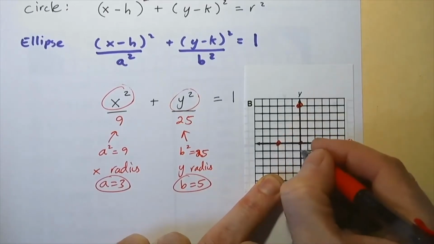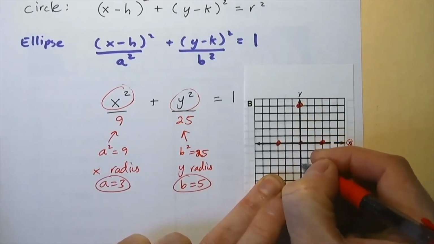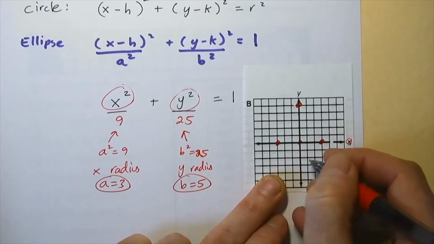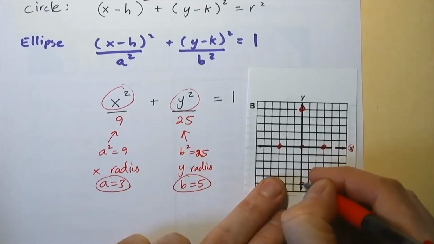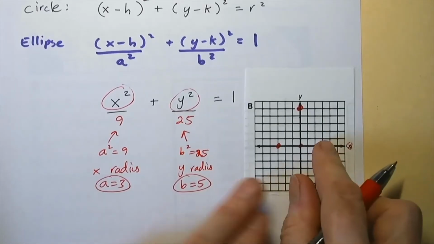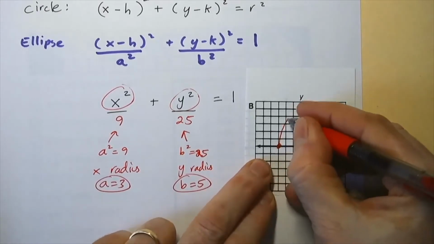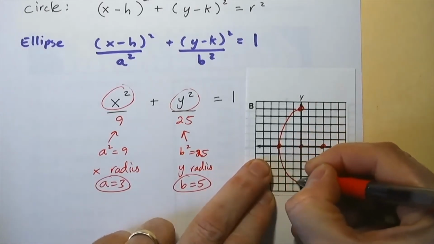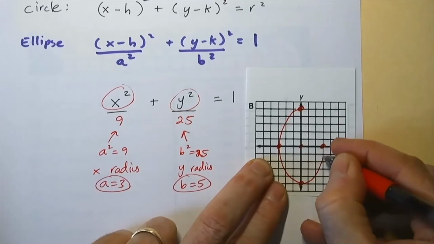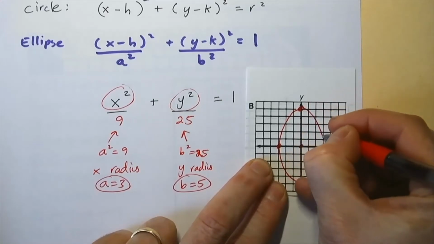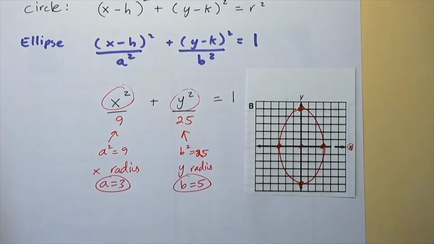Looks like it's a tall ellipse. Okay. And then now, just try to draw it as round as you can. Try to bring it up there and bring it down there. Ta-da! That wasn't that hard.